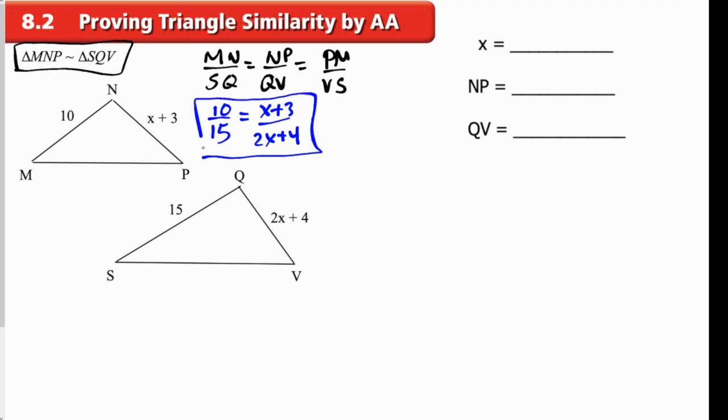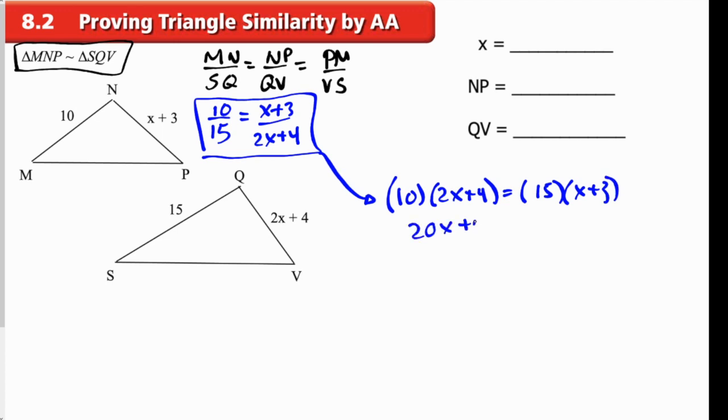This is our proportion. When we cross multiply, we get 10 times 2X plus 4 equals 15 times X plus 3, 20X plus 40. Remember, we're using distributive property here. Equals 15X plus 45.